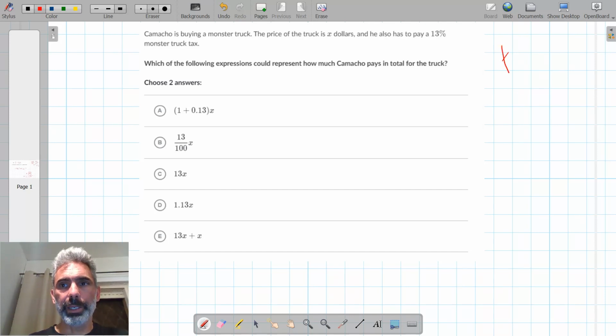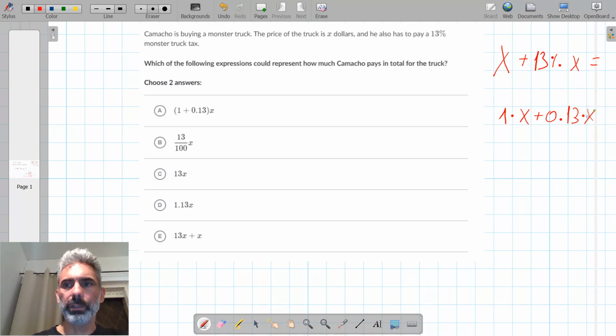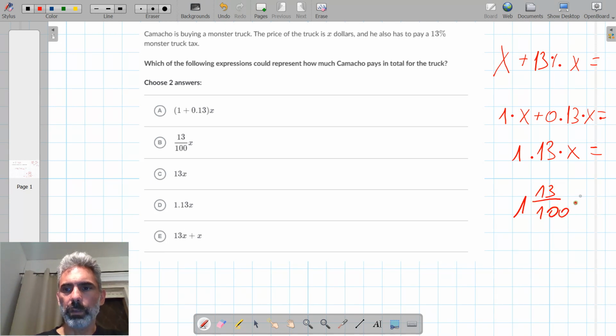So he needs to pay X plus 13% of X, which is the same thing as 1 times X plus 0.13 times X, which is 1.13 times X. Okay, and another way to express it is 13/100 of X.